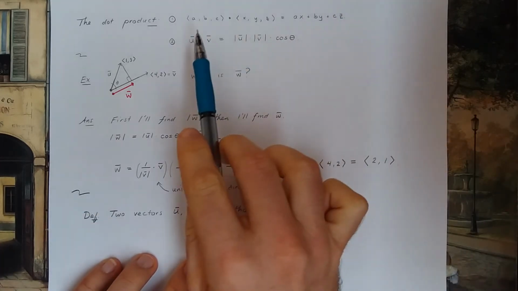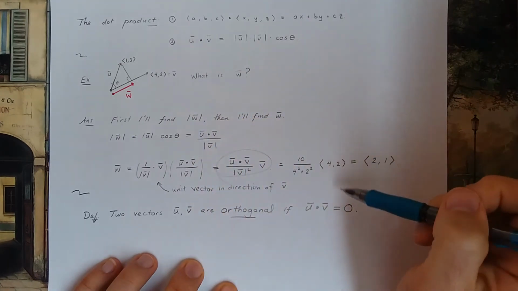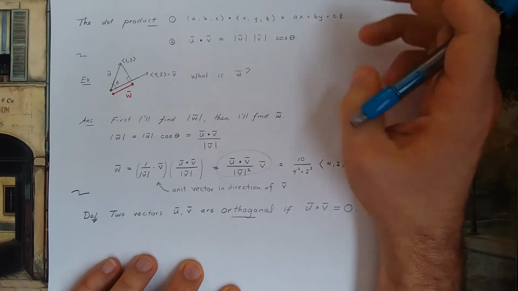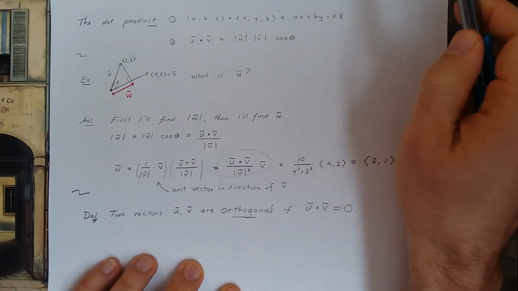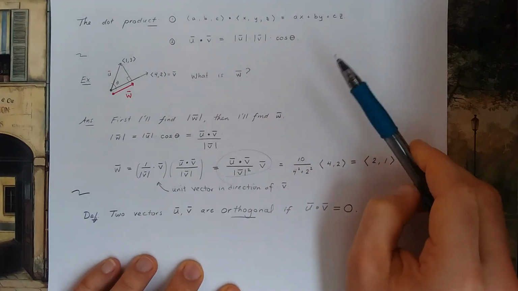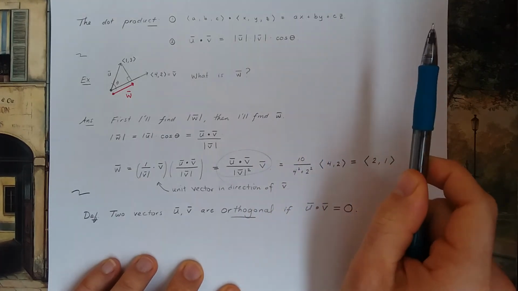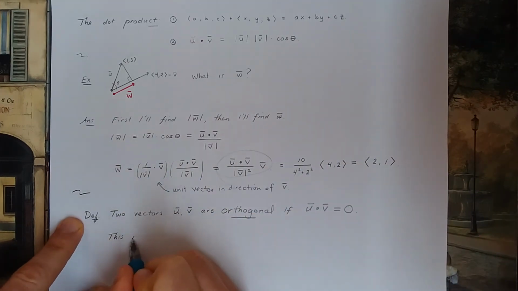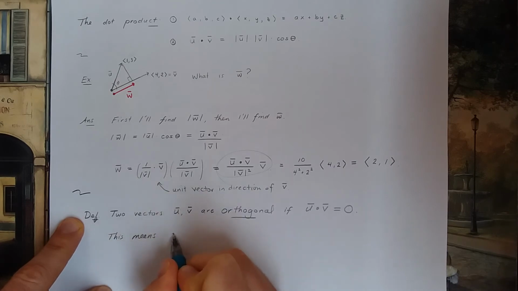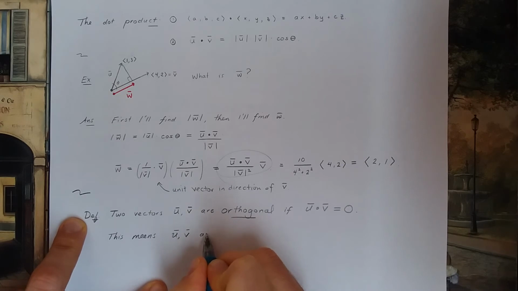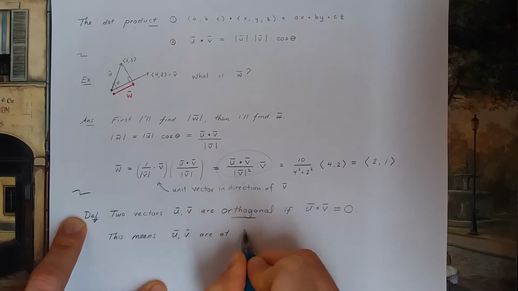That means their dot product is 0, meaning the angle between the two vectors has to be a 90-degree or pi over 2 angle. Cosine is equal to 0 at the radian angle pi over 2, or 90 degrees. So this means that u and v are at 90-degree angles of one another.